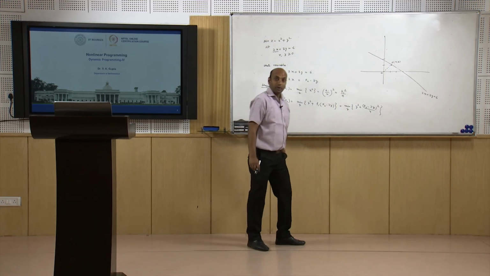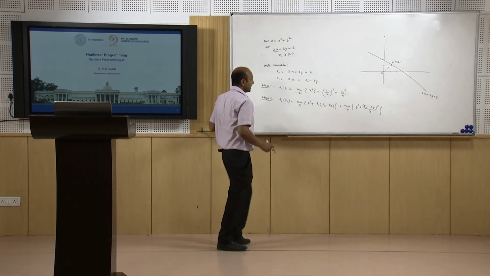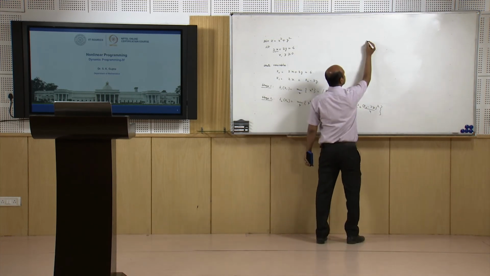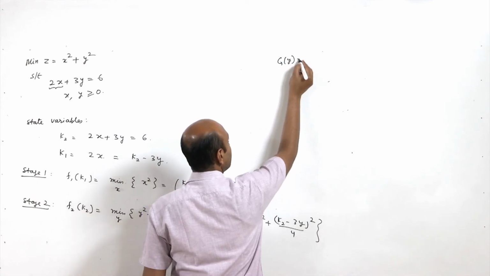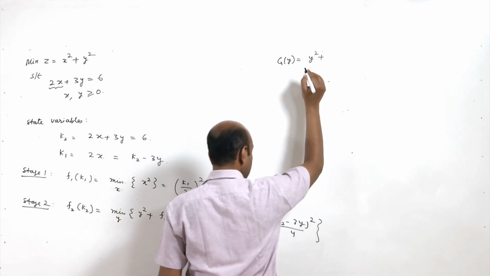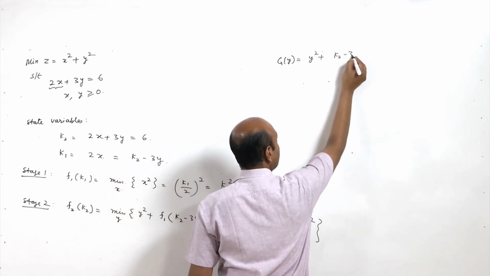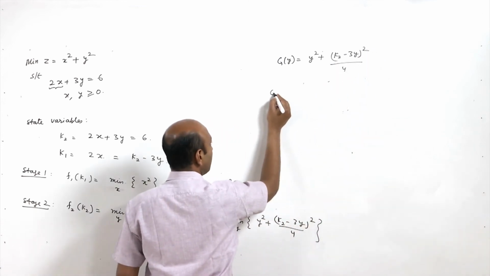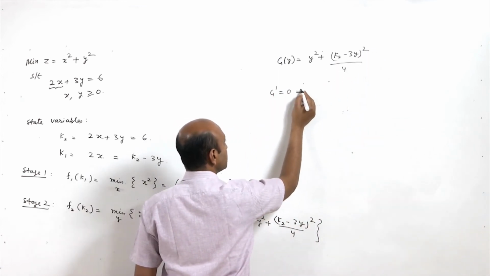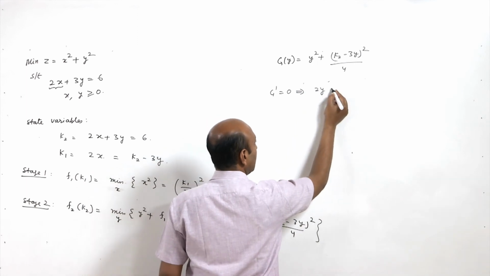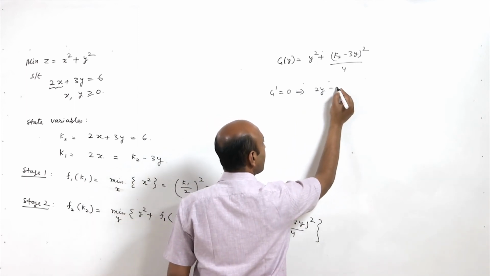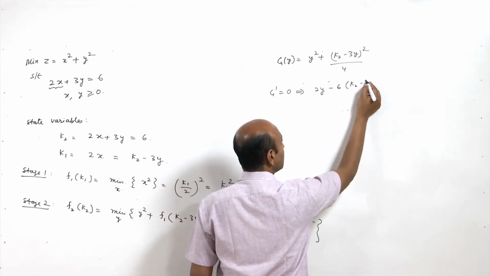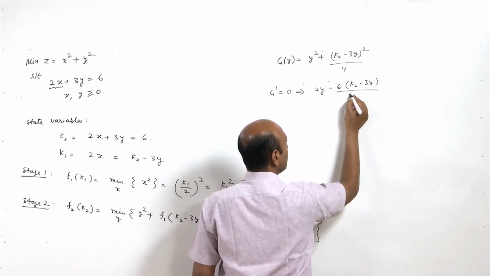So, suppose it is g of y, where g of y is y square plus k2 minus 3y whole square by 4. Derivative of g put equal to 0. This implies 2y minus 6 times k2 minus 3y upon 4 equals 0.